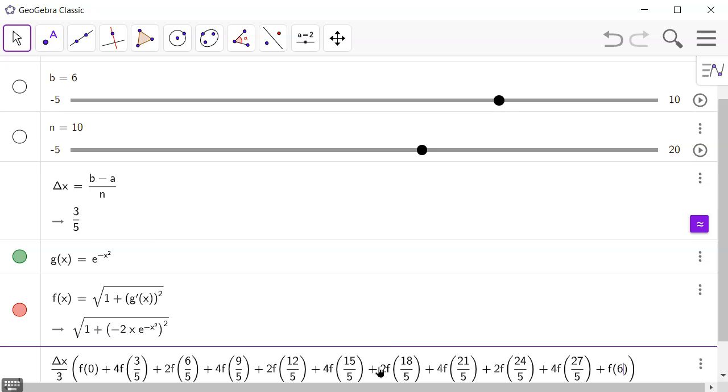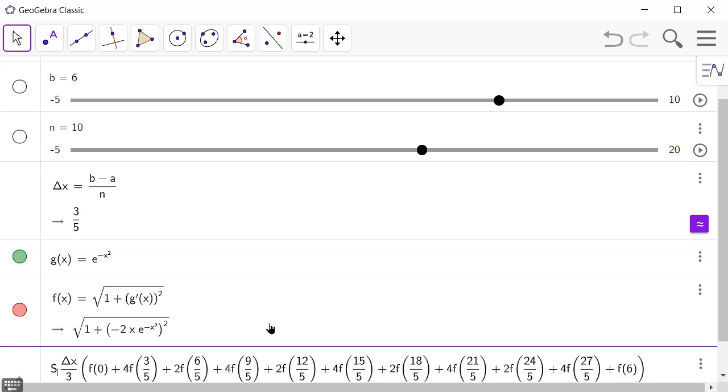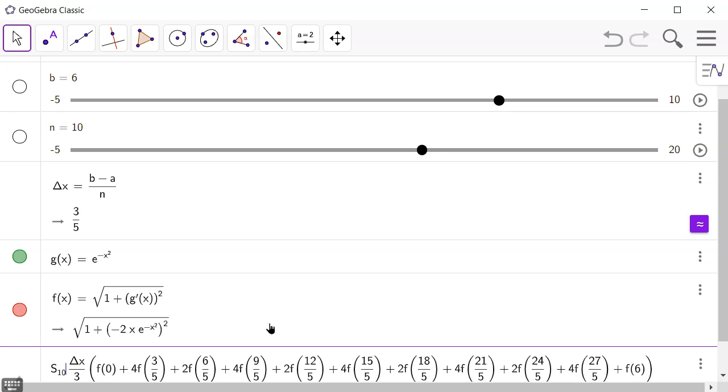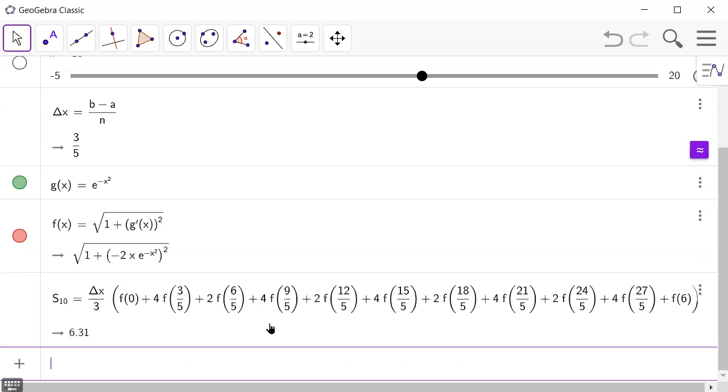Coefficients: 1, 4, 2, 4, 2, 4, 2, 4, 2, 4, and 1. So we got everything correctly. Since it's Simpson's rule, I'm going to call this S of 10, equals that, and hit enter.